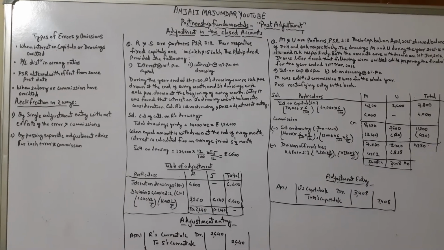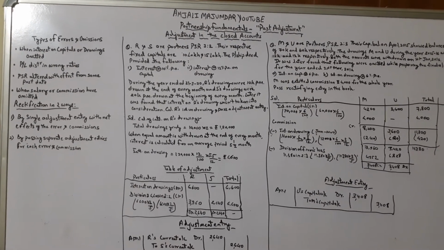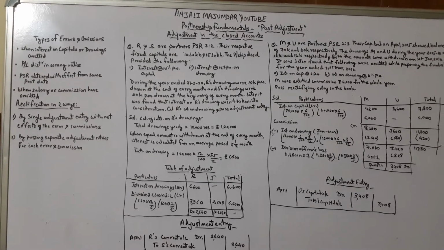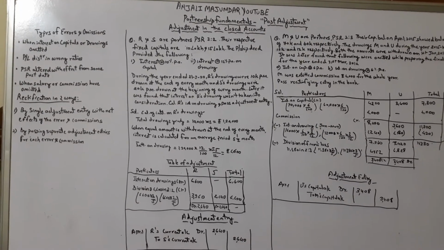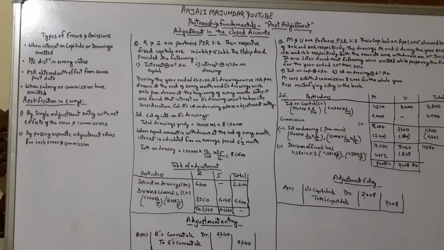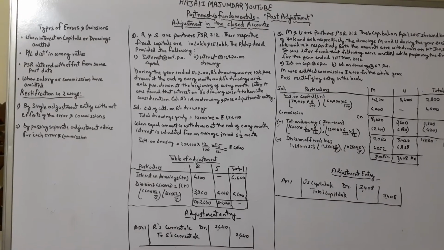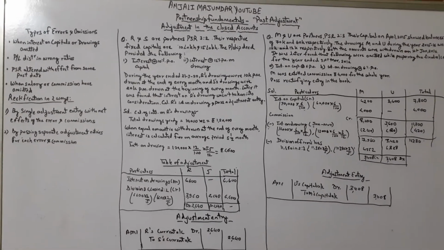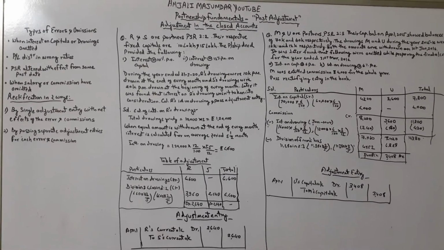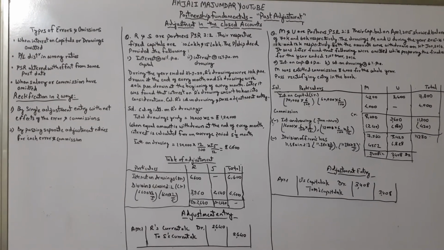Like in this question, R's drawings were not taken into account. So first we will calculate R's drawings, then the interest on drawings. As per the rule, when an equal amount is withdrawn at the end of every month, interest is calculated for an average period of 5.5 months.